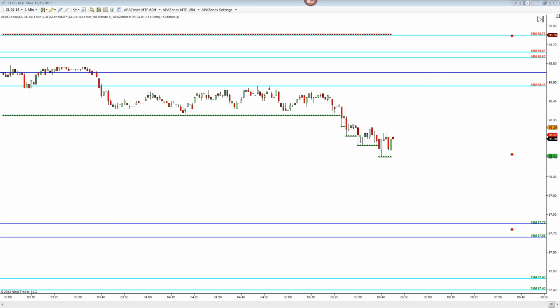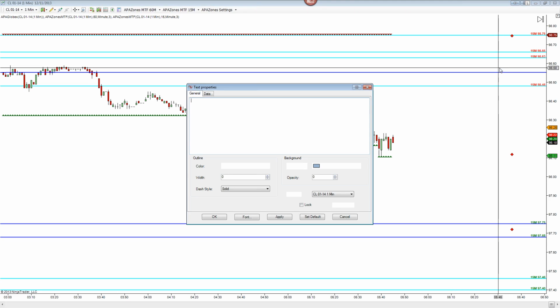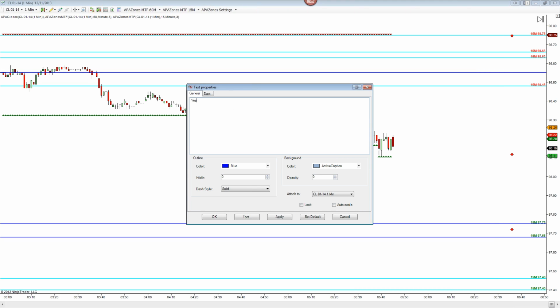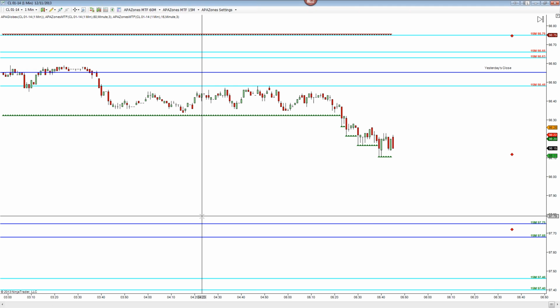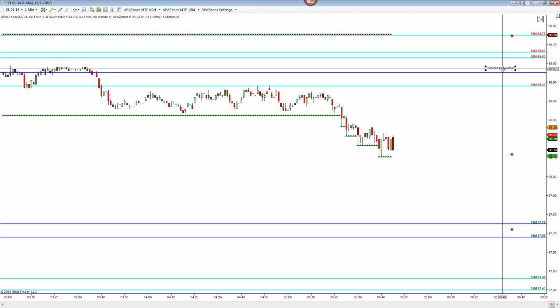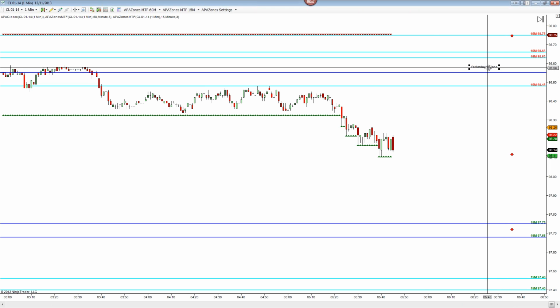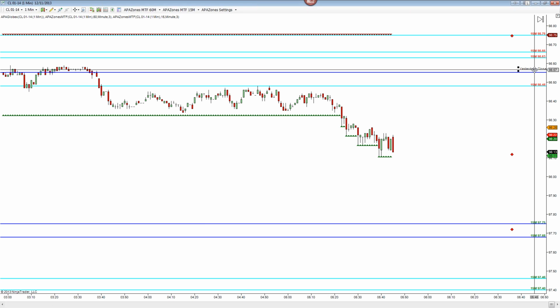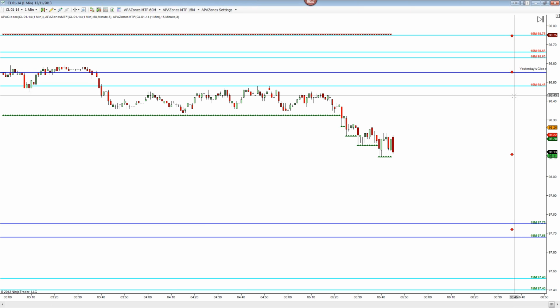Okay. So what that level's telling me is that this is yesterday's close, obviously. And because it's yesterday's close, a lot of times there's a reversal there too. So put a little dot right there.